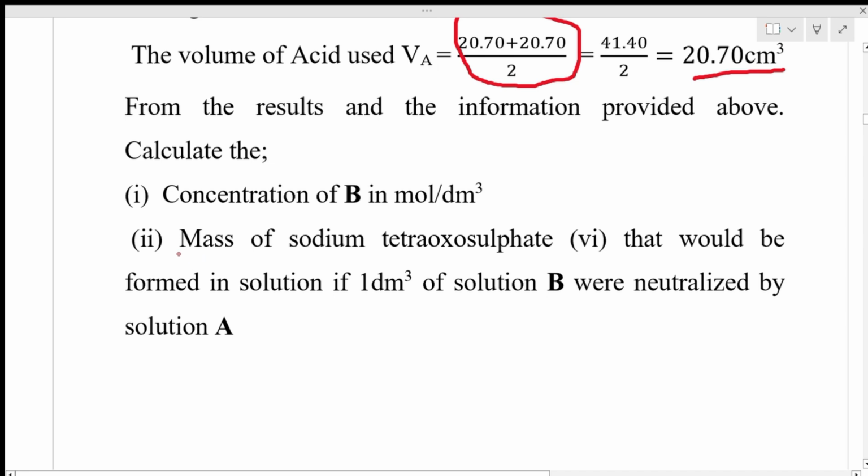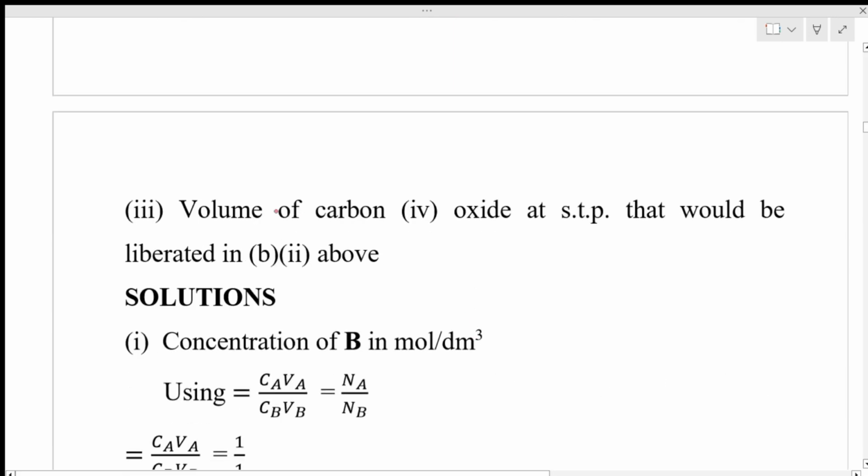Number two, calculate the mass of sodium sulphate that will be formed in the solution if 1 dm³ of solution B were neutralized by solution A. And the next question says, calculate the volume of CO2 at STP that will be liberated. So let's quickly dive into the solution.